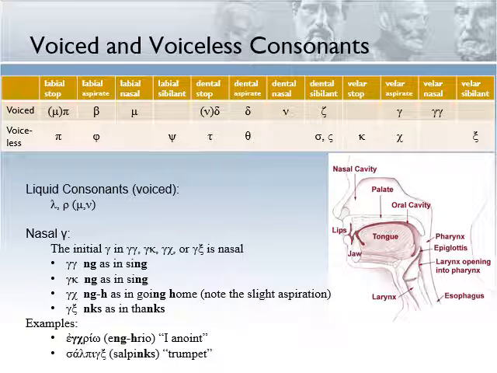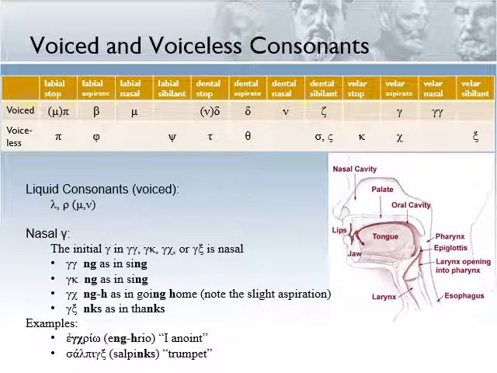Here's another example. This word has sigma, alpha, lambda, pi, iota, gamma, xi. Notice at the very end of this word you have gamma, xi. There we have another nasal gamma.